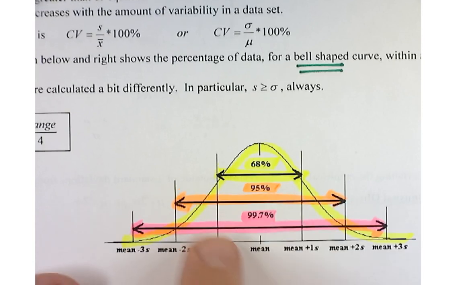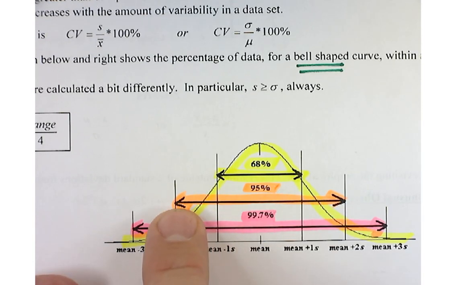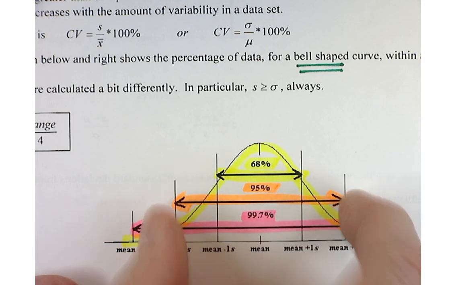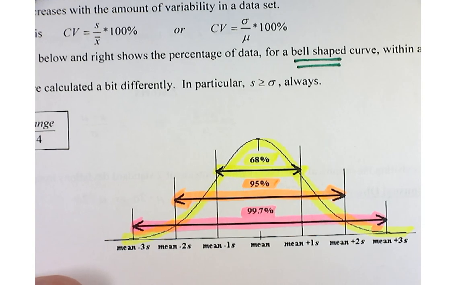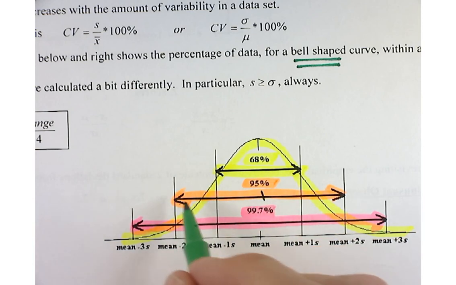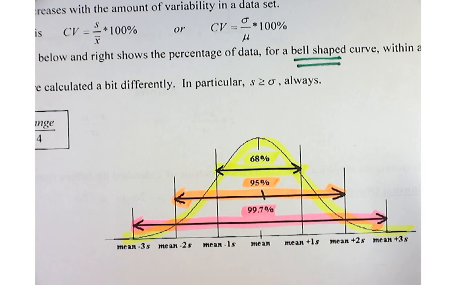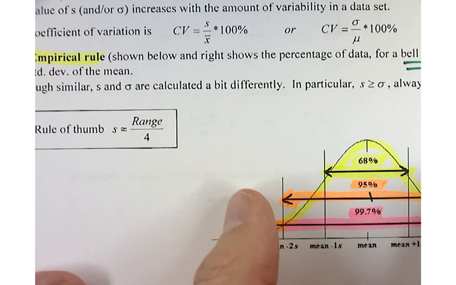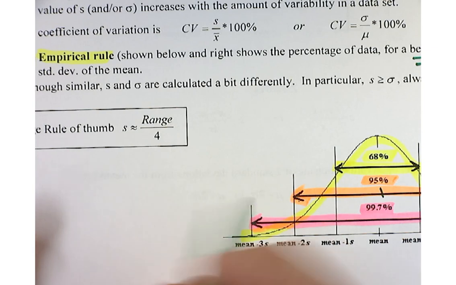If you counted here, how many standard deviations is the difference between the bottom and the top here? How many standard deviations is that? One, 2 to the left, and 2 to the right. Help me out here. How many is that? 4. All right, thank you. 4. So that range, or that distance here, is an approximation to the range.